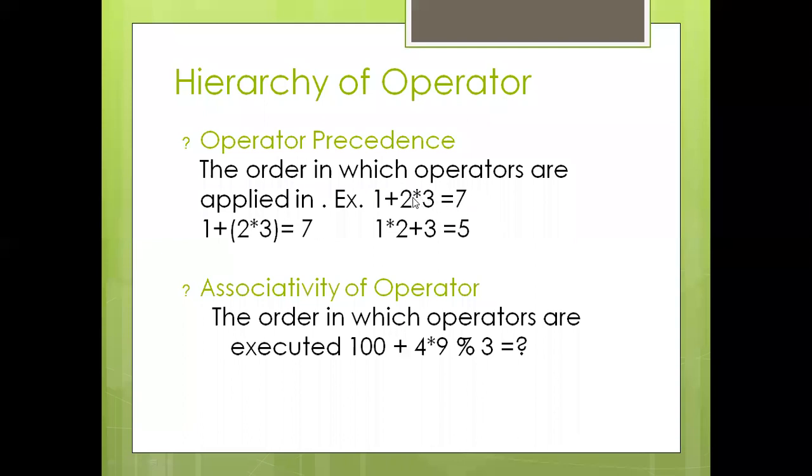Because multiplication is going to be solved first. Multiplication has higher priority than addition. So we will solve the multiplication first. You already know this because in the BODMAS rule also we do the same. Right? So 3 multiplied by 2 will be 6, then plus 1.